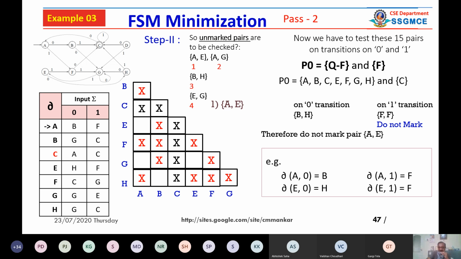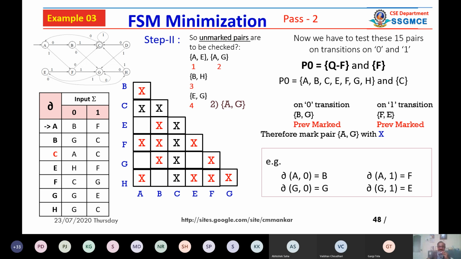See the square, that box. So there is no distinction. Both outputs are in the same partition. So we should not mark it. That is AE. AE को हम mark नहीं करते.